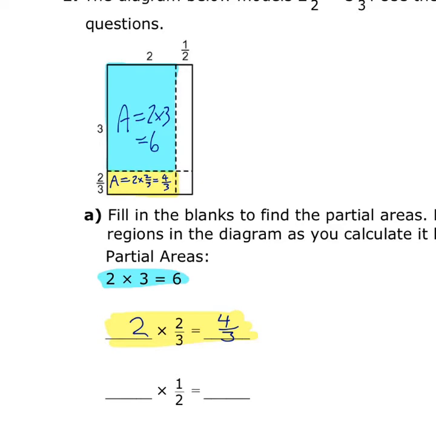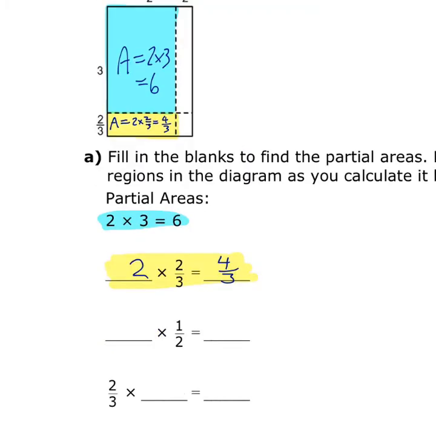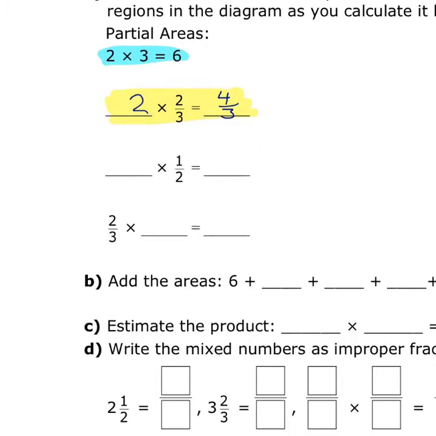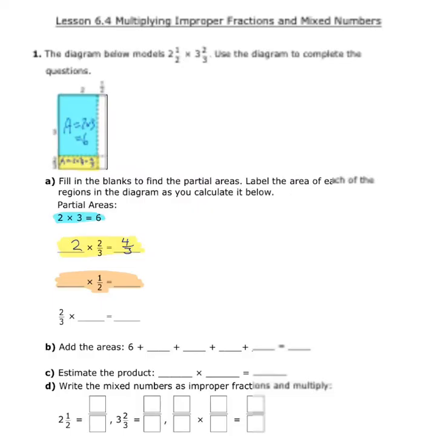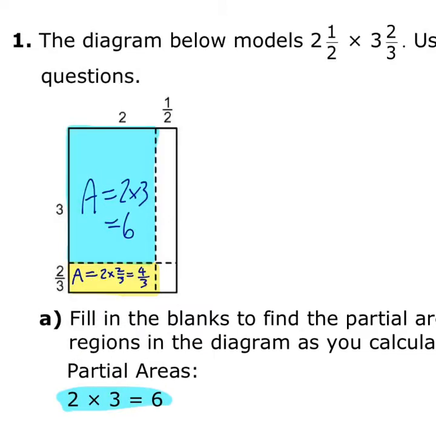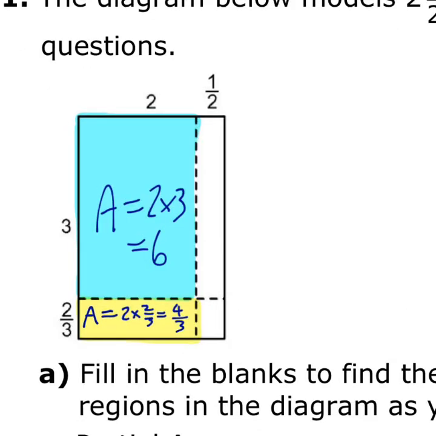And now, the next partial area that we're going to be looking at is something times 1/2. So, pick a different color here to do some highlighting. So here we'd like to look at something times 1/2. And of course, just going back to the diagram here, something times 1/2. Well, that something would be 3.